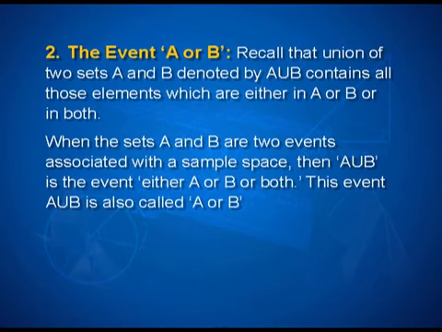When the sets A and B are two events associated with a sample space, then A union B is the event either A or B or both. The event A union B is also called A or B.